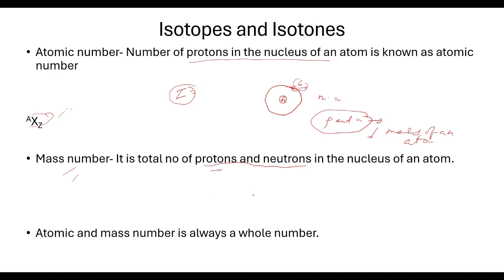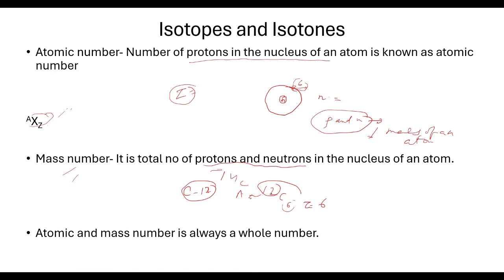So say for example, we know all carbon. Carbon has 12 atomic mass unit in general. So 12C6, where 12 is the what? Mass number. This is A, and Z is 6, that is atomic number.